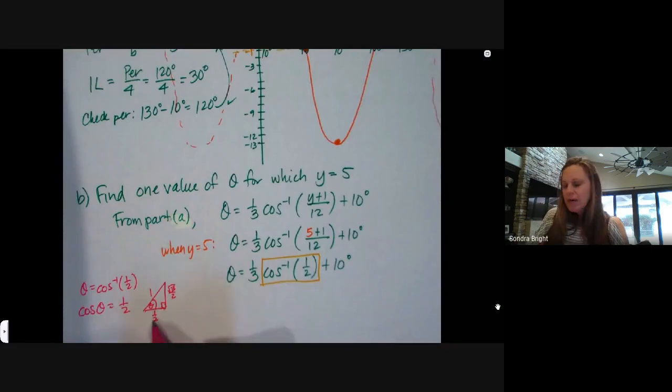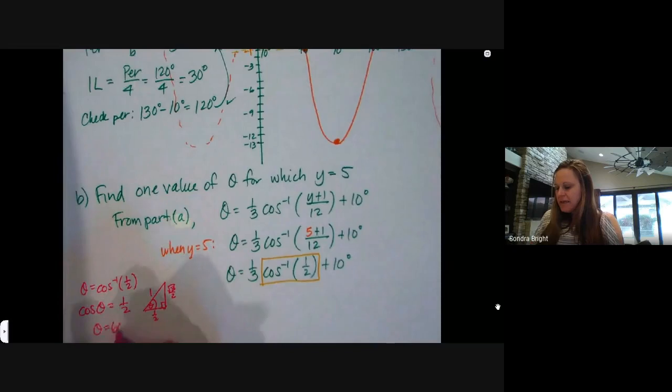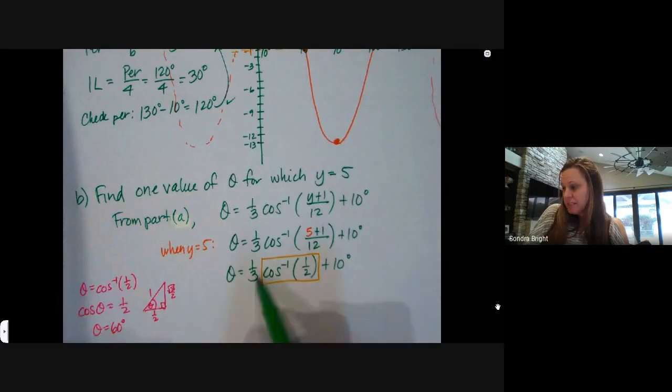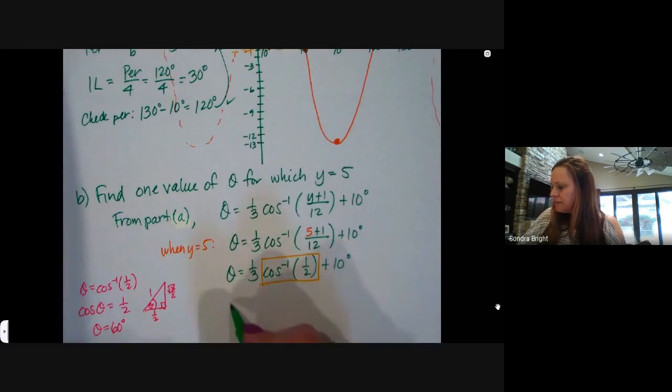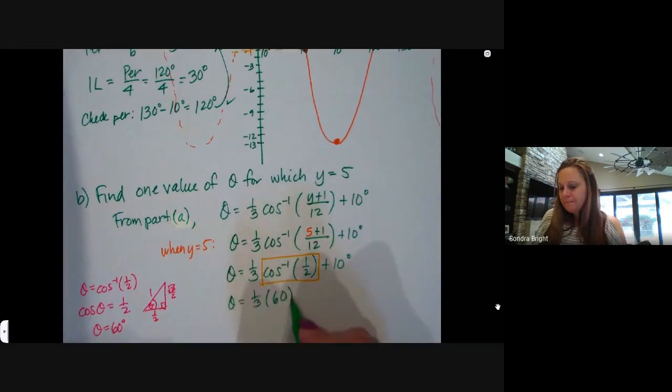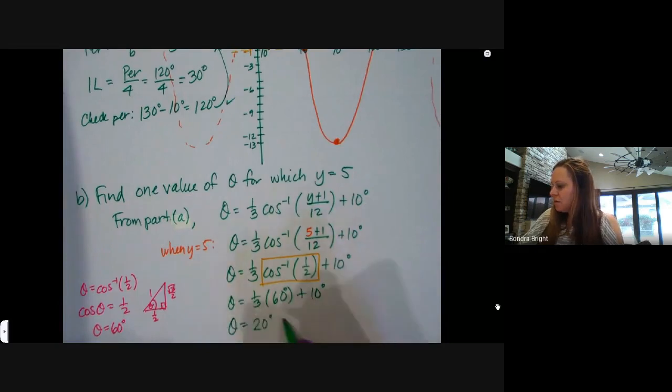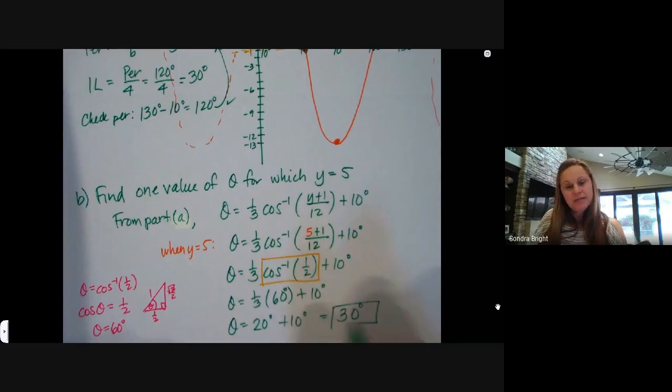It was the tall triangle. So the inverse cosine of 1/2 is equivalent to 60 degrees. So this is 1/3 times 60 degrees, plus 10 degrees. 1/3 times 60 degrees would be 20 degrees, and we still are going to add 10. And so one value of theta for when y is 5 is 30 degrees.